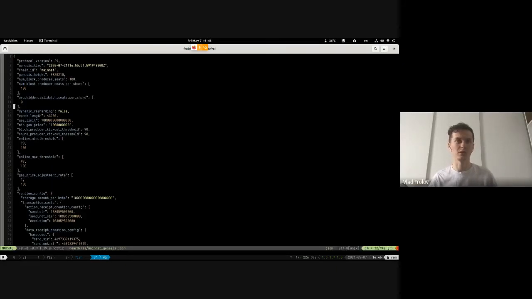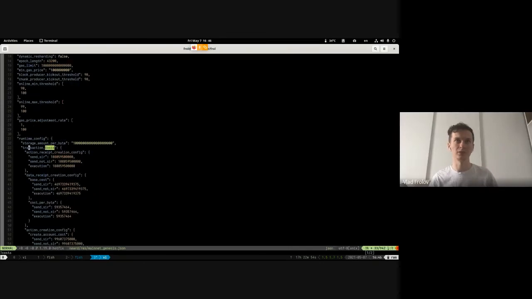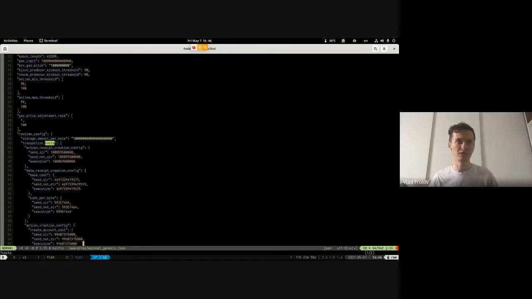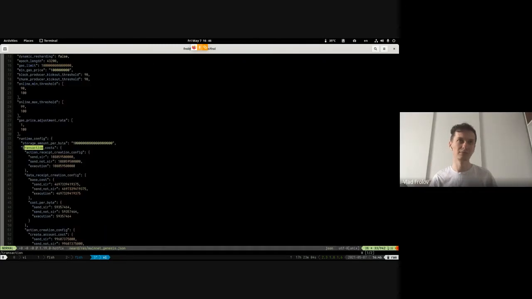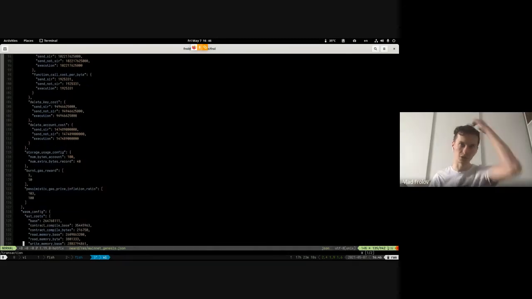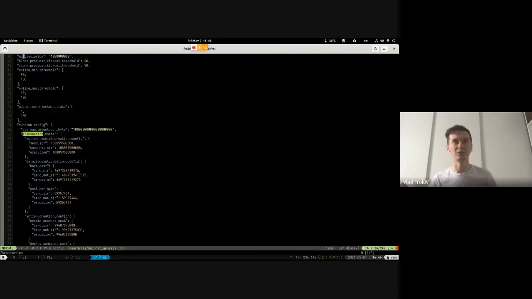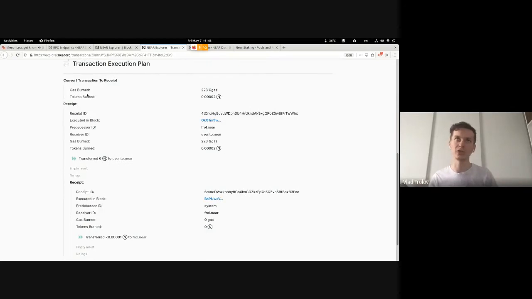So there is runtime config, various costs, transaction costs, action receipt creation, data receipt creation, and, well, I'm not 100% sure how many different costs we have here, but they are estimated with a special tool where we measure how much CPU time, CPU instructions we needed to perform such an action.